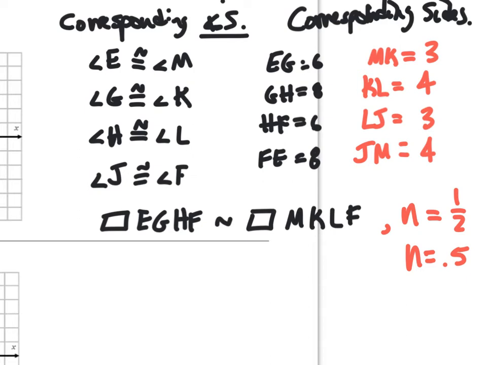But what I want you to realize is the naming, that E and M correspond. When I write my similarity statement, E and M correspond, they go in the same spot. Same thing with G and K. G is next, K is next after that. Same thing with H and L. Notice how H is there, L is there, and then J, F follow up. No, this should be J, sorry. My bad, wait.